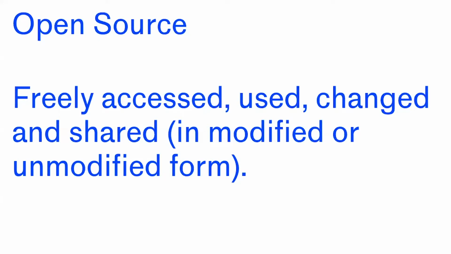So while it's not a formula, it does have tendencies. The first would be that a theory object is open source, freely accessed, used, changed, shared in modified or unmodified form.